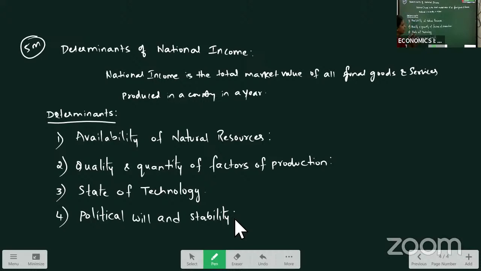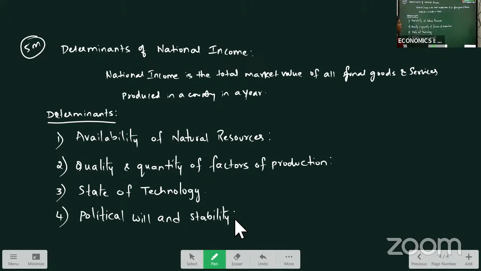Means when one government is stable for longer period, then planning will be done, which helps in economic development of a country. Economic development means what again? Increase in our income as well as standard of living of the people in the country. So there should be a political will and stability to achieve the economic development as well as increase in our national income. So these are the factors which are determining our national income.